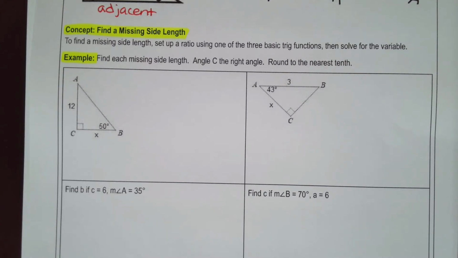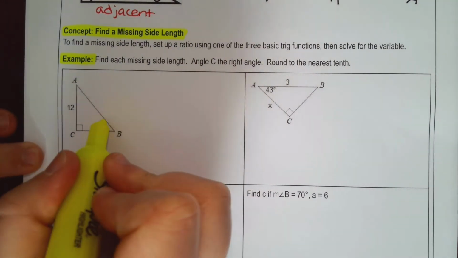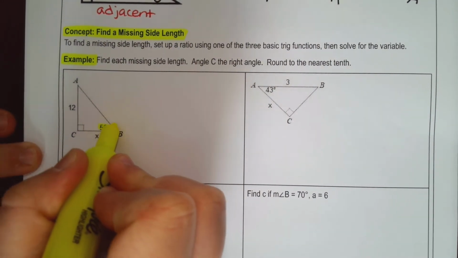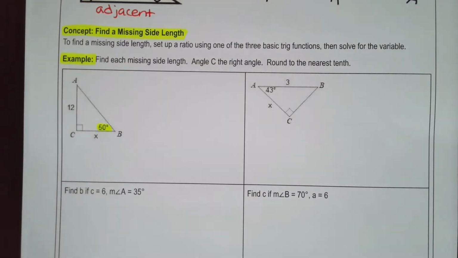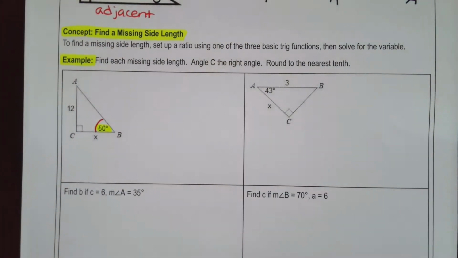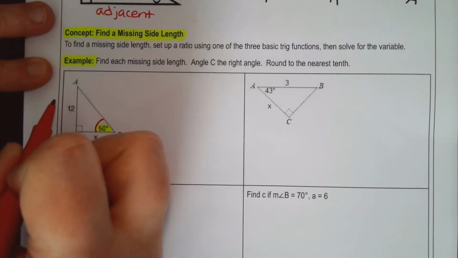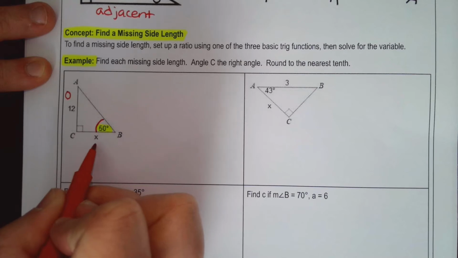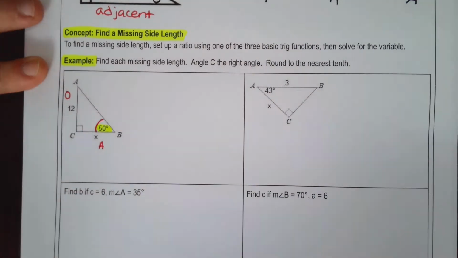So our theta, our given angle, is actually going to be an angle in degrees. As you can see here for our first one, it is 50 degrees. So that is our given angle. We still identify the two sides that are given to us. 12 is opposite, x is adjacent.